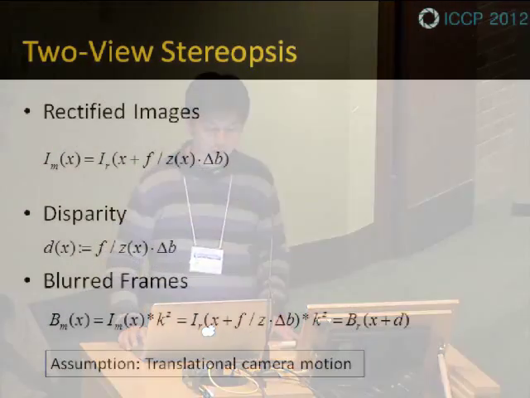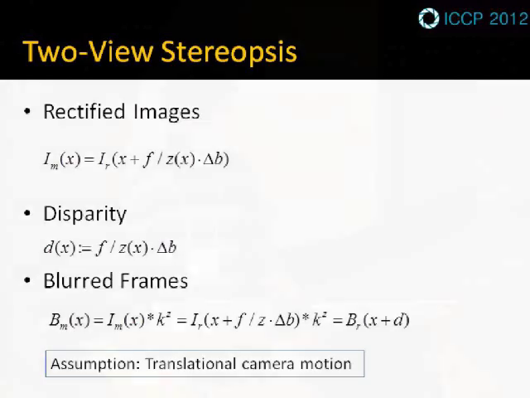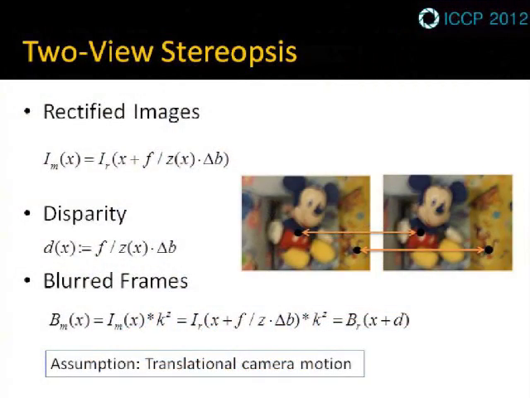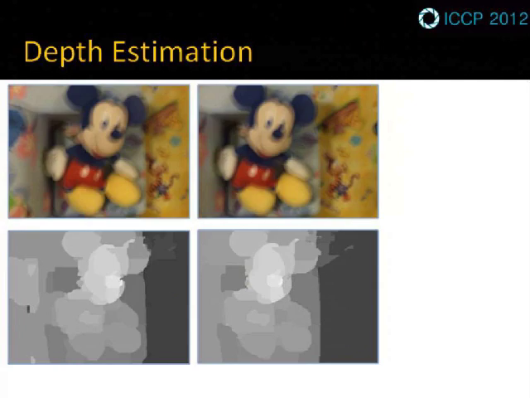When considering the blurred frames, if we assume translational camera motion, that is, the camera undergoes translation motion, the correspondence between two blurred frames can still be established, as seen in this example. To obtain the coarse depth map is like this.